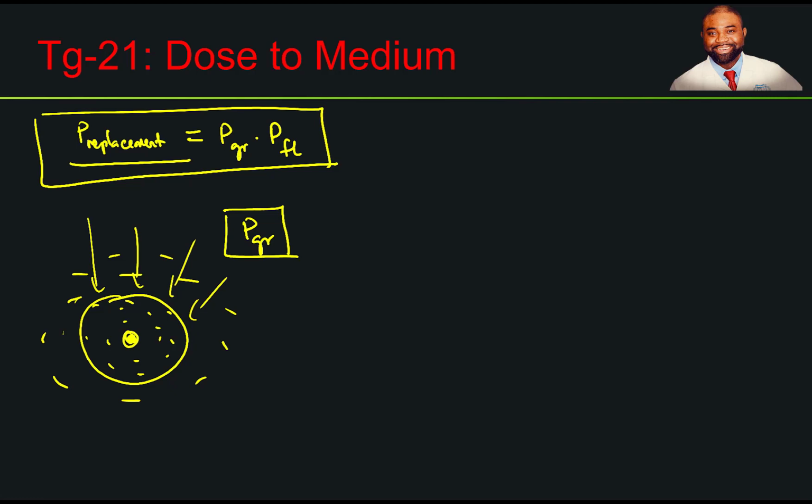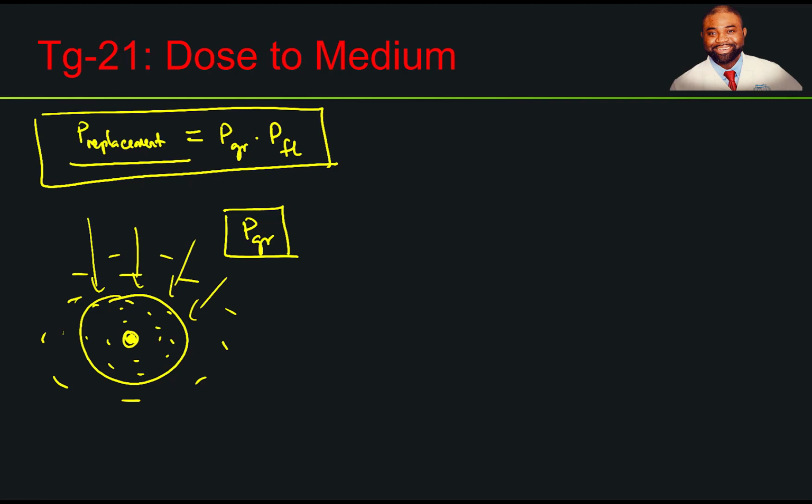And so I find that it is a lot easier to deal with the gradient correction factor by taking into consideration the dose at the effective point of measurement, which is something that we're going to talk about in a little bit more detail.